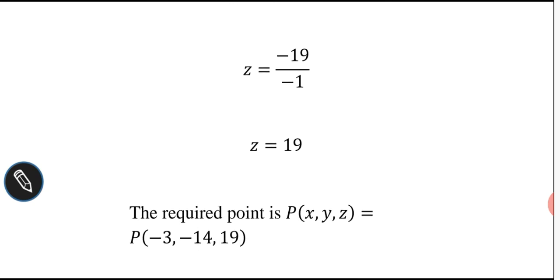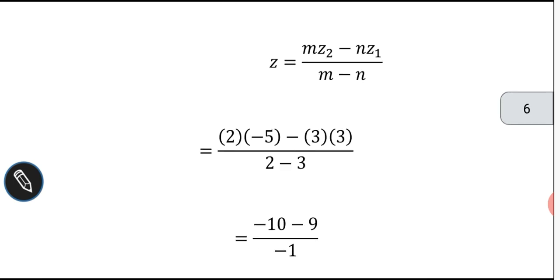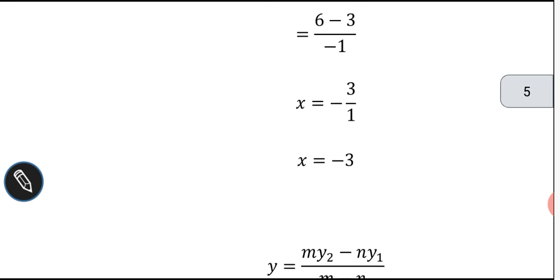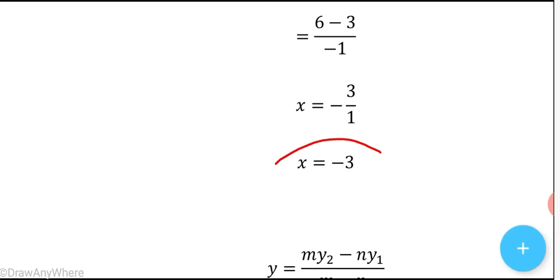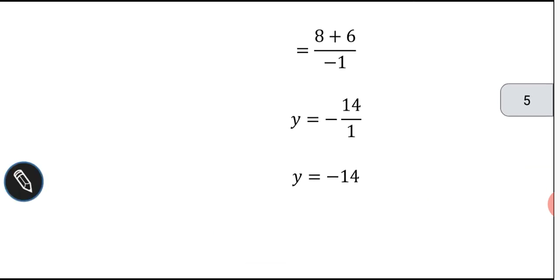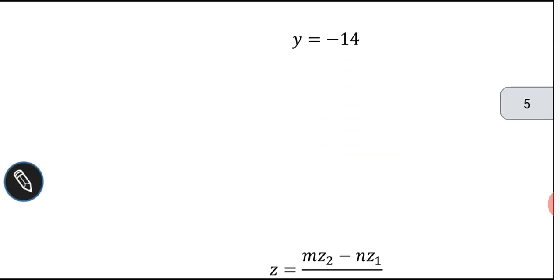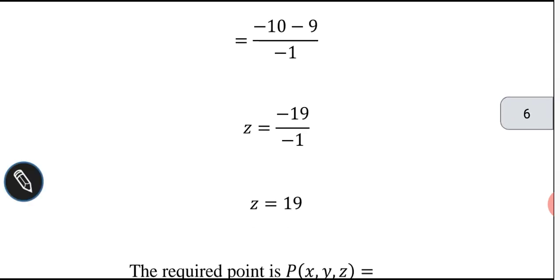So the required point for external division is P of x comma y comma z equal to minus 3 comma minus 14 comma 19. For x we have minus 3, for y we have minus 14, for z we have 19.